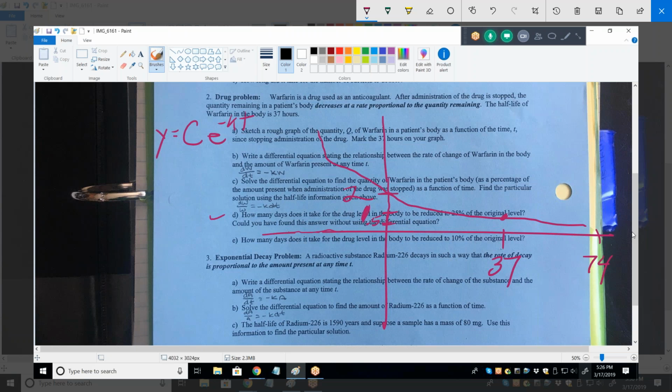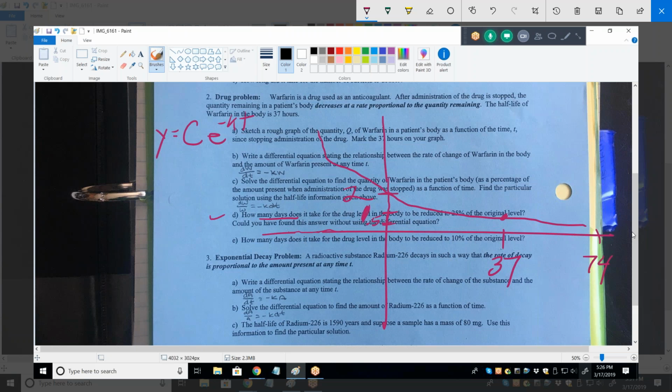So the only tricky part of that is they say how many days. I don't know why they would do that, but I suppose because it's too easy to answer in hours. But it does highlight the fact that t can be in any time increment you want, depending on what you're dealing with.